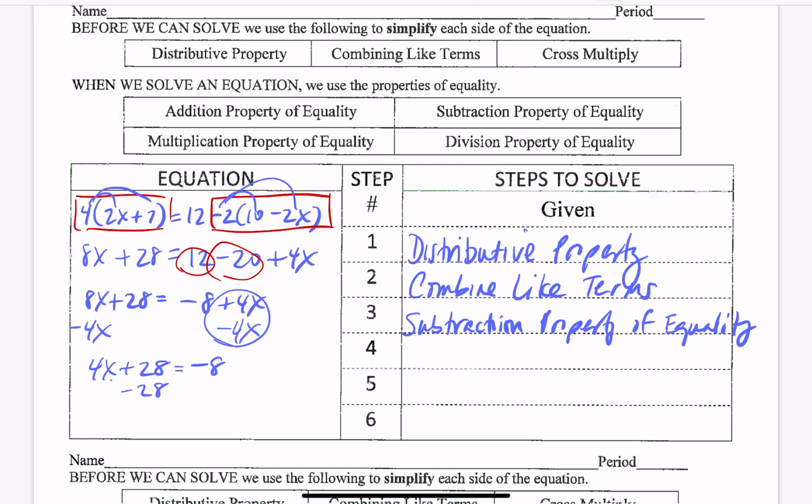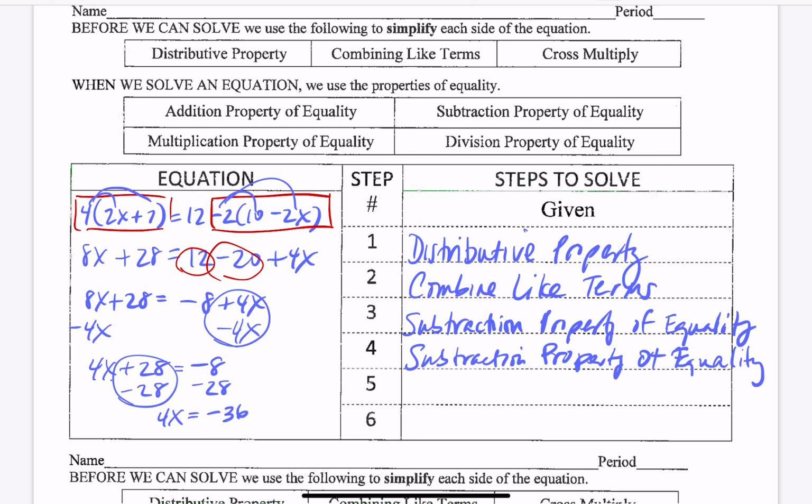I'm going to subtract 28 from both sides. So again, I'm using that subtraction property of equality on this step. So this becomes 0. 4x equals minus 36.